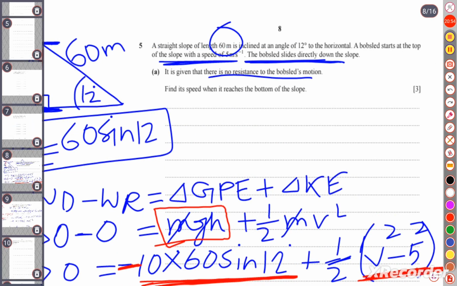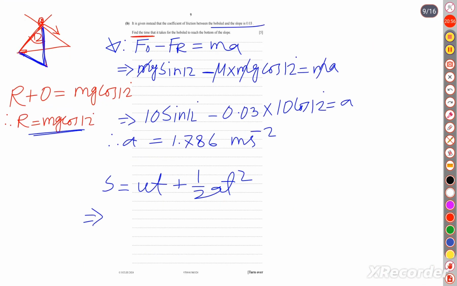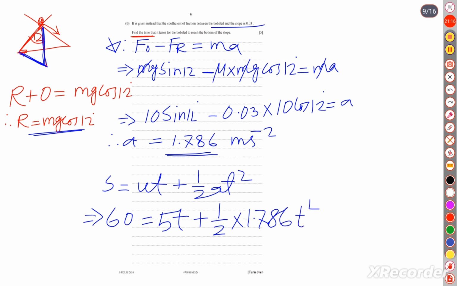So 60 equals initial velocity, which we have not forgotten was 5, so 5t plus half of the acceleration, which was 1.786, t squared.